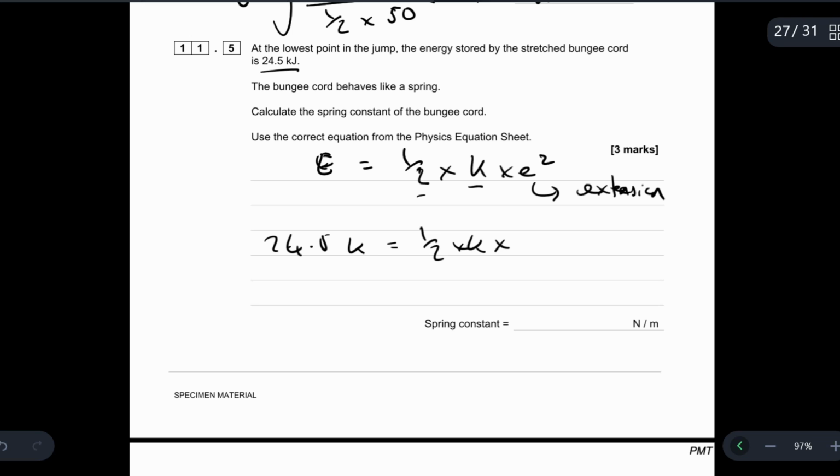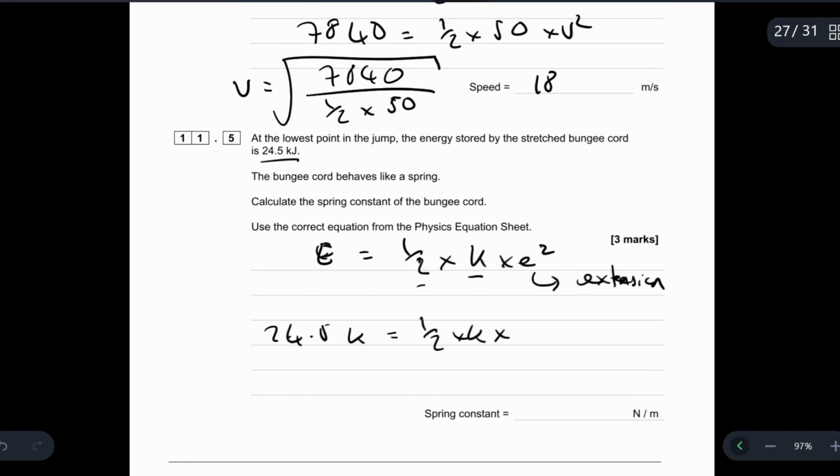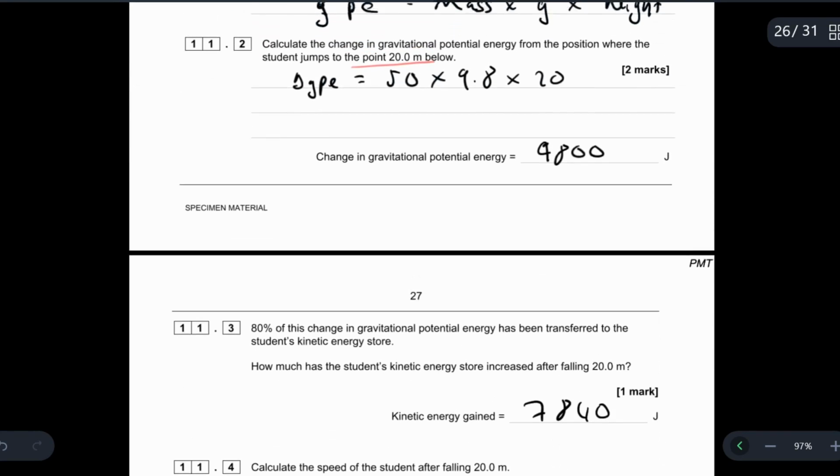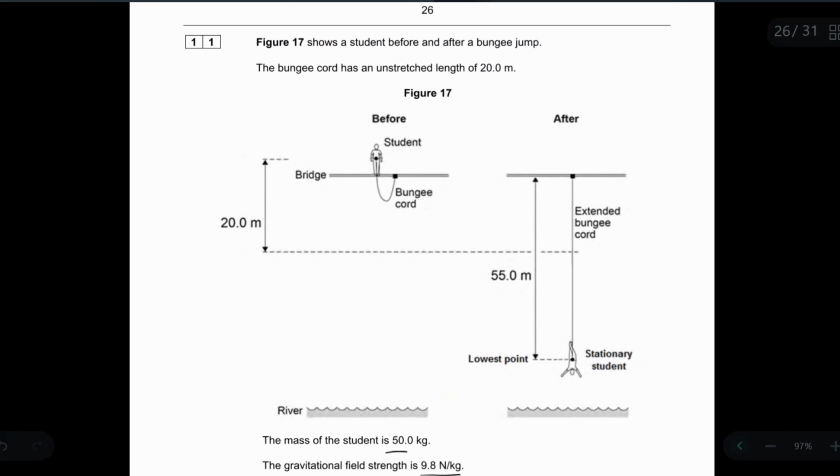Now to calculate the extension, we need to understand what the unstretched length was and what the length was at the lowest point in the jump. So we need to go back above here. The unstretched length is given to us at the beginning of the question. It was 20 meters. And the bottom of the jump was 55 meters.